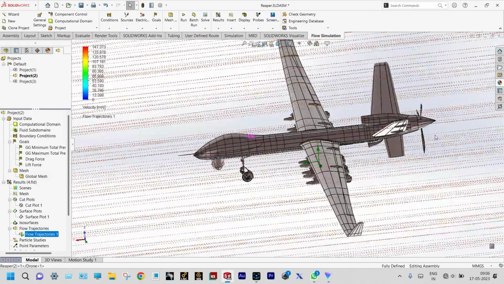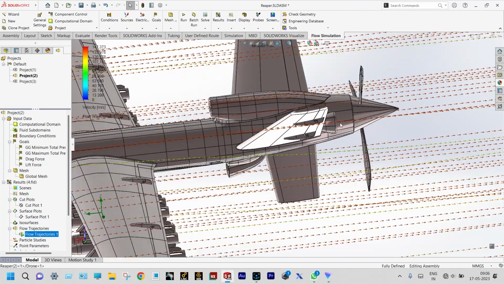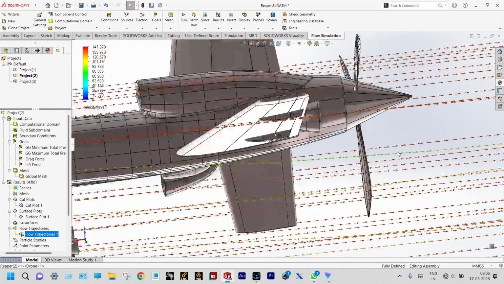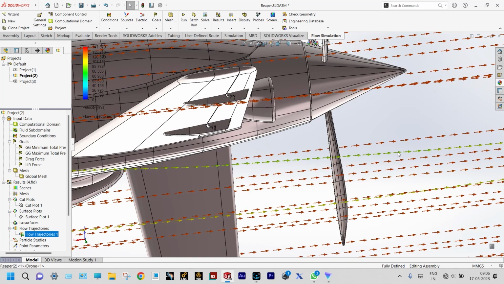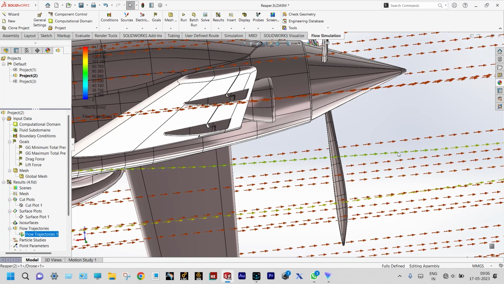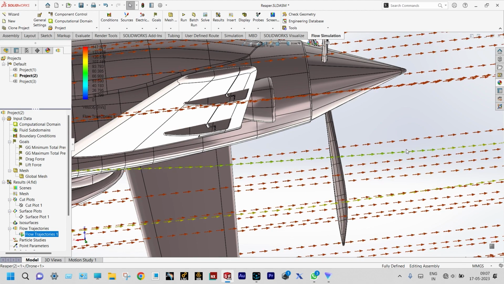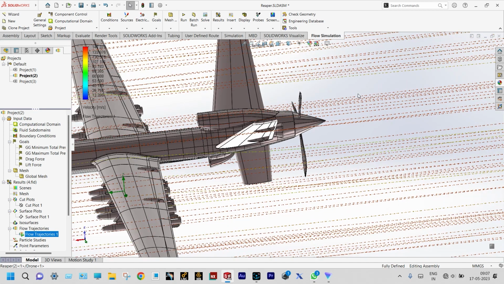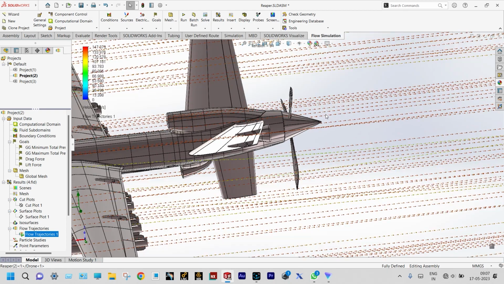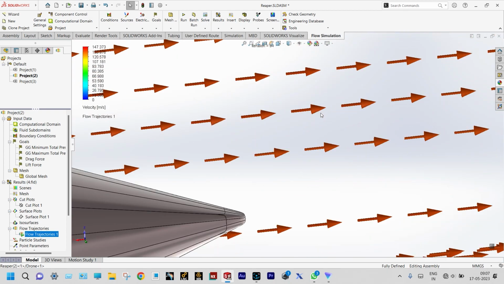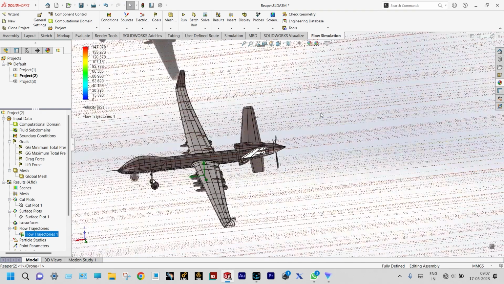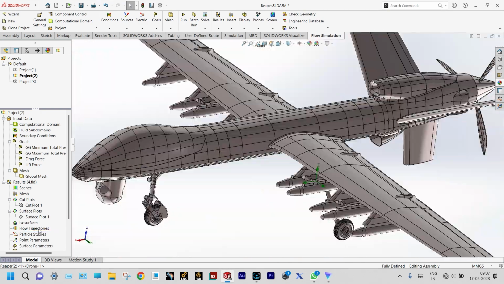That indicates the design is perfect, and at some places only you can see different colors. That means velocity at this location is a little bit less at the back side. In all other places you can see velocity distribution is almost equal. That means all the particles are having almost equal velocities.